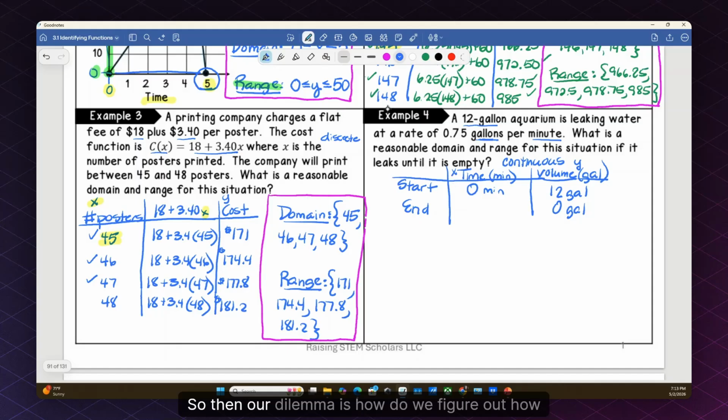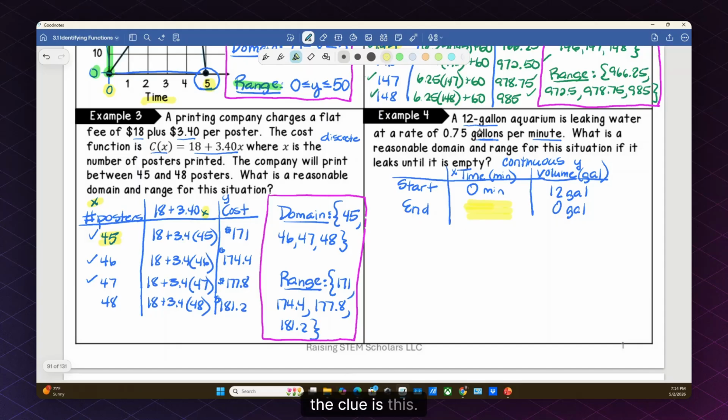So then our dilemma is, how do we figure out how many minutes it took to get to empty? Well, the clue is this. It gave us 12 gallons and 0.75 gallons per minute and that it's leaking. So we need to write an equation.